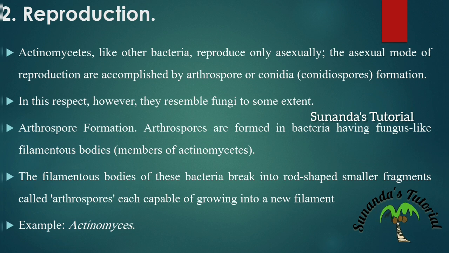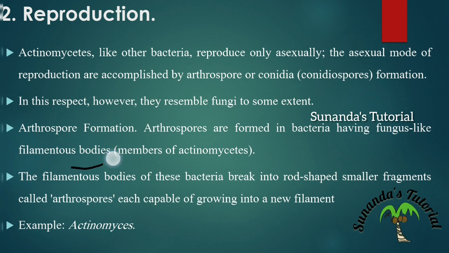Okay. Arthrospores are formed in bacteria having a fungus-like filamentous body, generally in Actinomycetes members, and the filamentous bodies of these bacteria break into rod-shaped smaller fragments called arthrospores, which are capable of growing into new filaments.